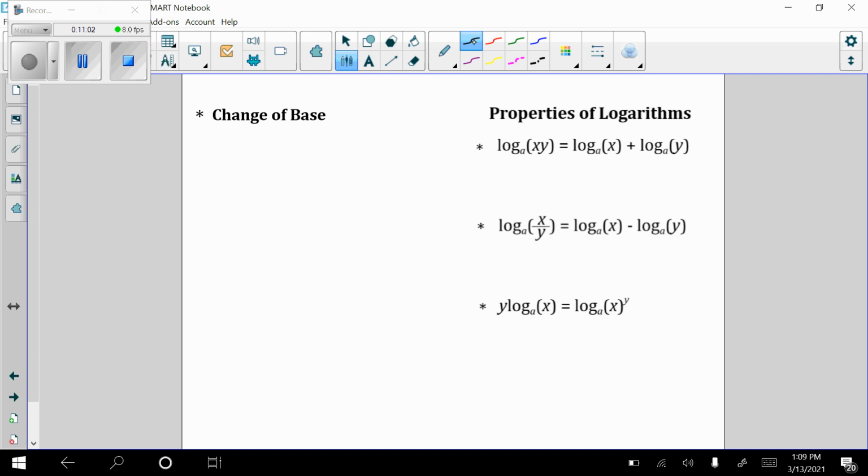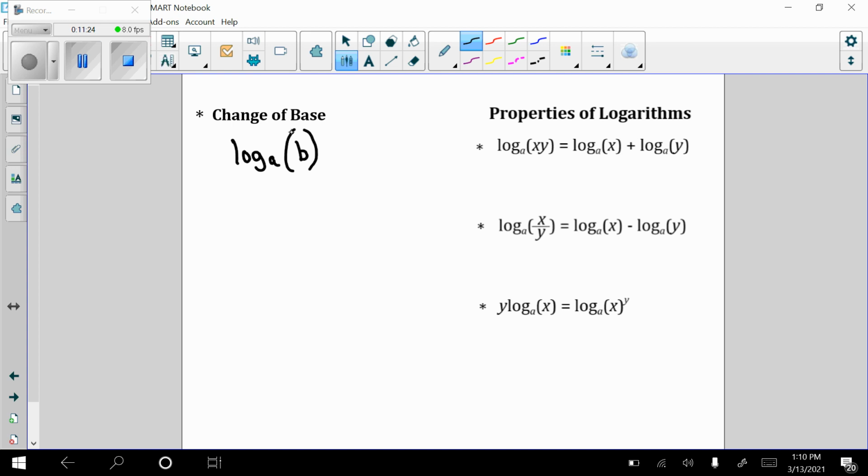All right, so we have a thing called change of base, which I think you actually have to know for the ACT and or the EOC, so you might pay attention to this. If I have log base A of B, we know we can put that in our calculators just as a different base.